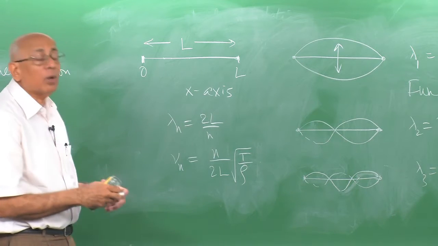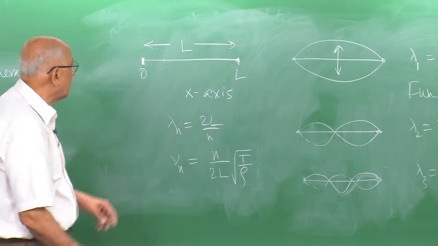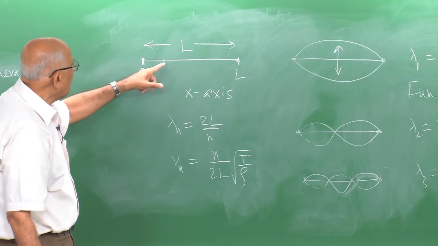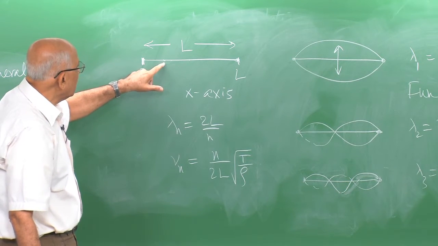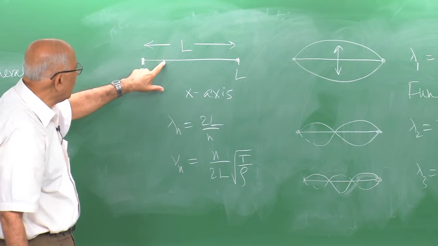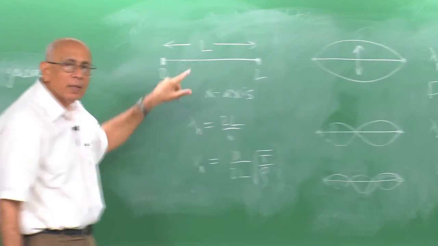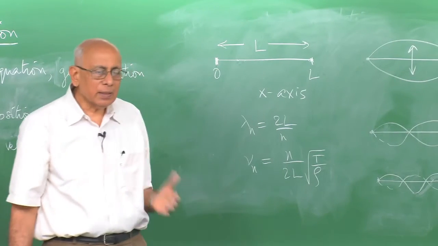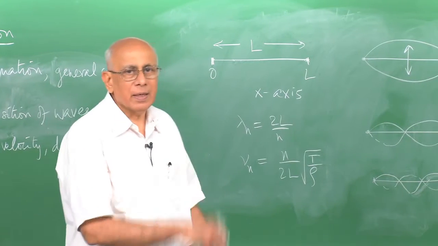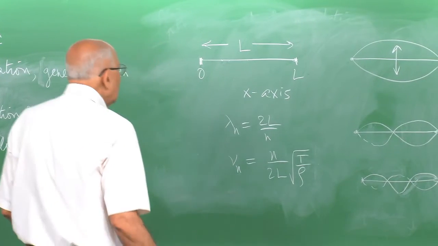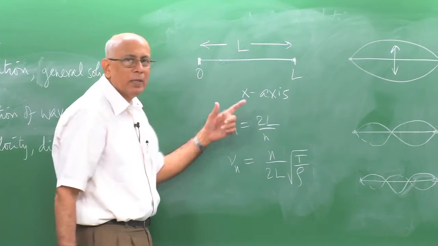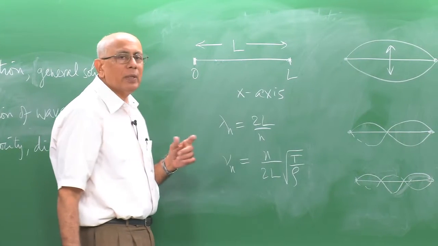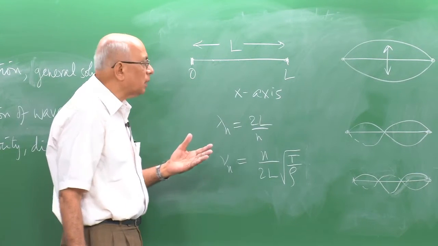The string does not break. There is a tension on the string which keeps it together, and we have to pay attention to the fact that the motion of this particular point and the motion of neighboring points must be related to each other in such a way that the string maintains its integrity. So this leads not to an ordinary differential equation for the equation of motion, but an equation in 2 independent variables.